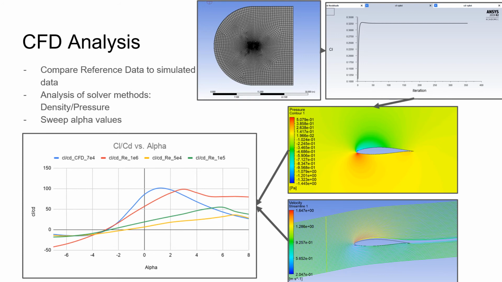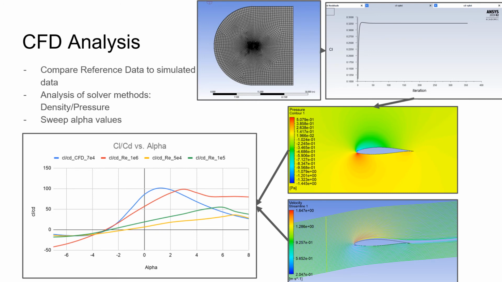We did a test on both of them and found that the density method took a large number of iterations and didn't necessarily converge to a nice value. It would oscillate, and the pressure method instead would converge very quickly to a nice value with under 250 iterations. So for this project, even though it might not be applicable for what our conditions were at cruising altitude, for the simulated stuff, we used the pressure method.